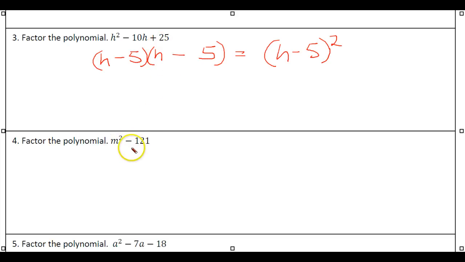Now here's a case where, as we look at this, this is what we call the difference of perfect squares.